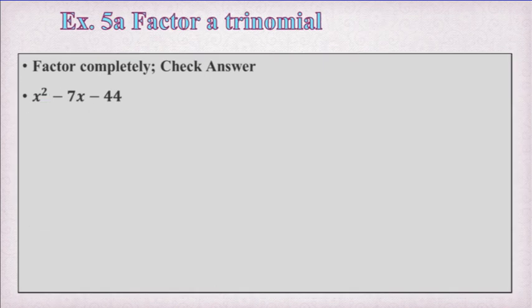Next one, factoring a trinomial here. Factoring it completely. So for this one, I have my two binomials. C is negative, so I know I need a positive and a negative. So in order to get 44, I know I need 11 and 4, because the difference of 11 and 4 is 7.